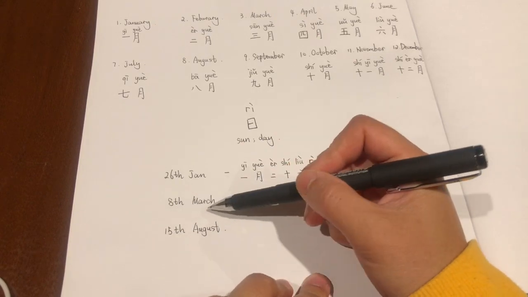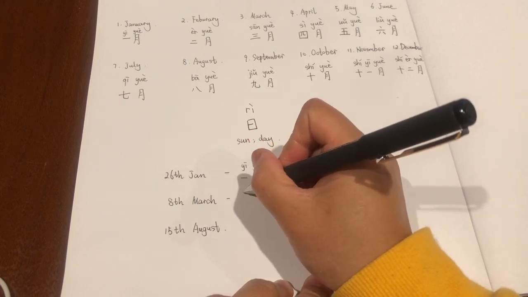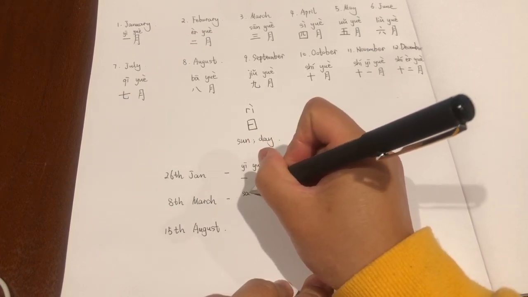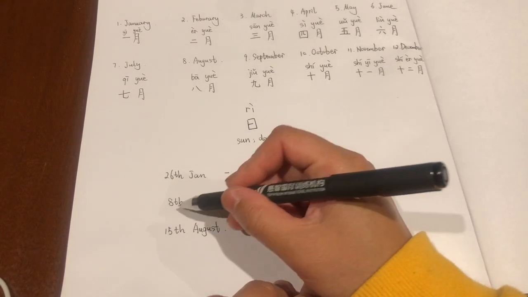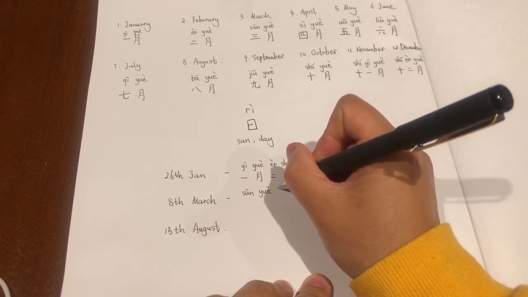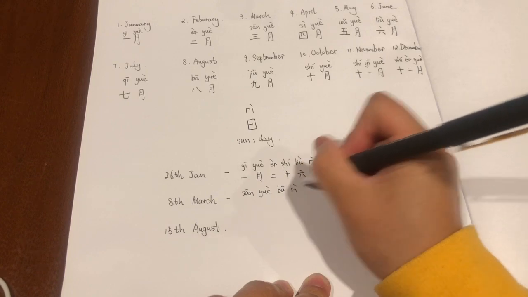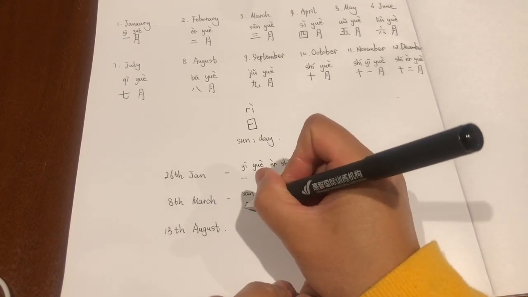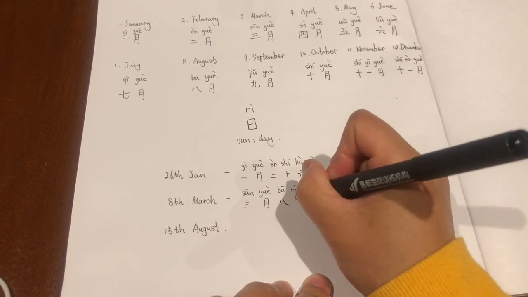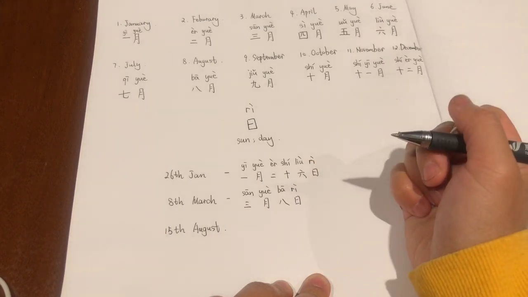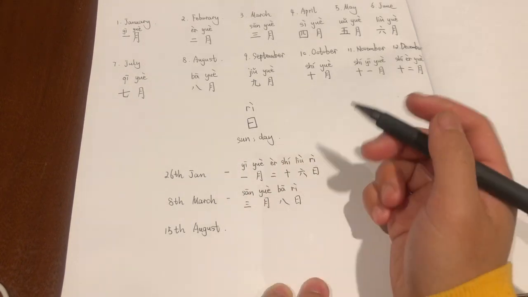Now, the 8th of March, here we go. So, March is the third month of the year, which is 3月. Okay? And then the 8th, 8 is 8, and then day is 日. Okay? 3月8日. Okay? And then the 15th of August, we need to write August first.